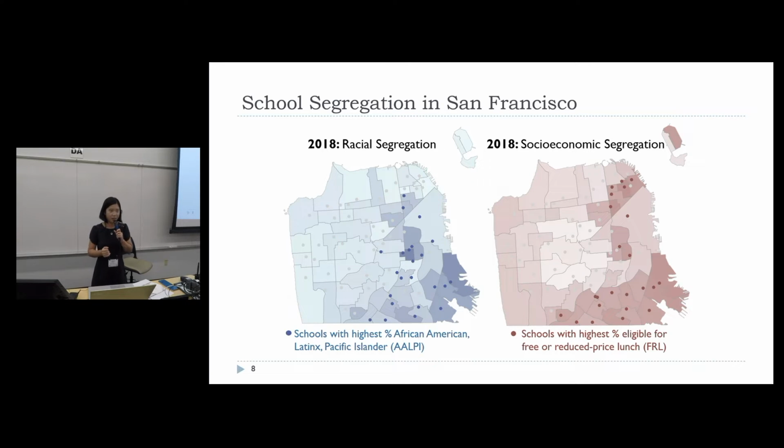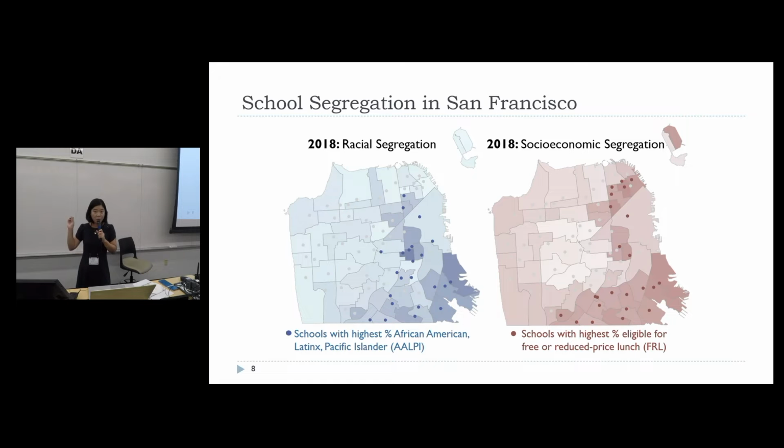Unfortunately, the answer is not really. What I'm showing you here is based on data from 2018, so this is 7 years after choice has been implemented in San Francisco, and I want you to look at this left map here. I have in the background a heat map of the percentage of students living in the area who are racial minorities. So this is African American, Latinx, or Pacific Islander.